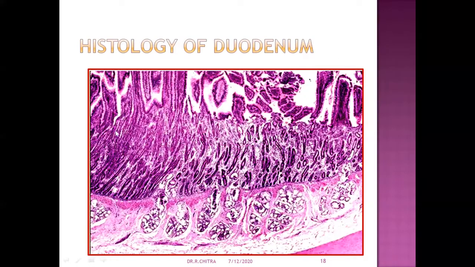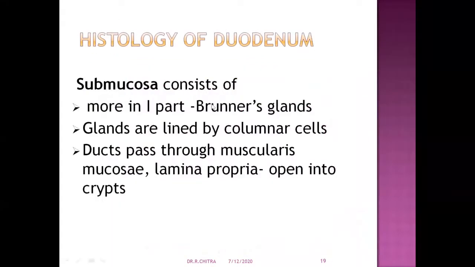So if you see the histology of the small intestine, these are the most important difference, most prominent glands in the duodenum. So they are called as Brunner's glands. They are present in the submucosa, not in the lamina propria. So in histology of GIT, only in two places the glands are present in the submucosa.